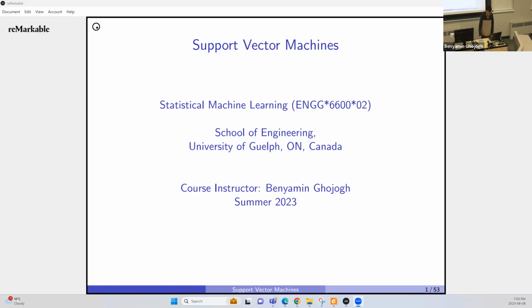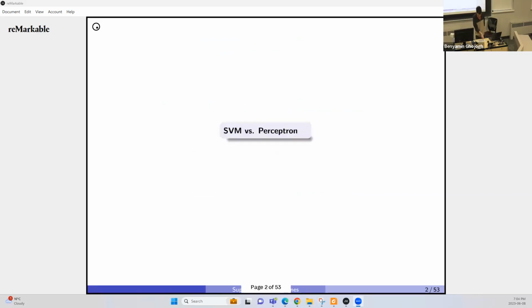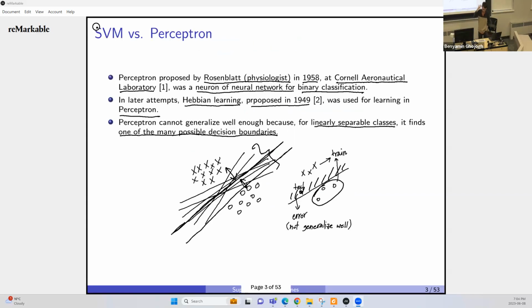So we're going to continue where we left off, but before that, let us review a bit what we had for support vector machines. What did we say? We said that at that time, long ago, about 1958, people were thinking about how to do binary classification.